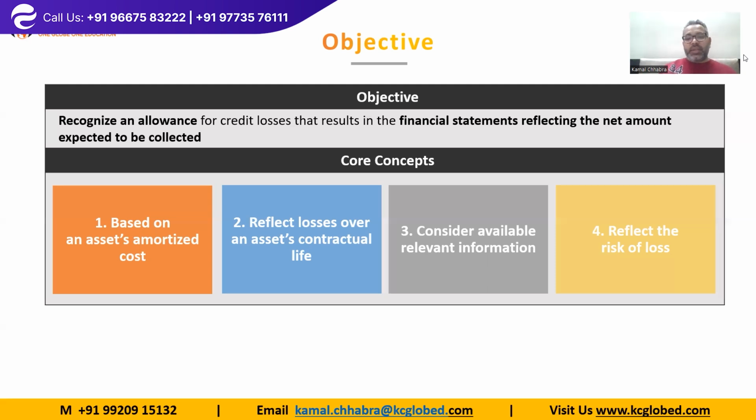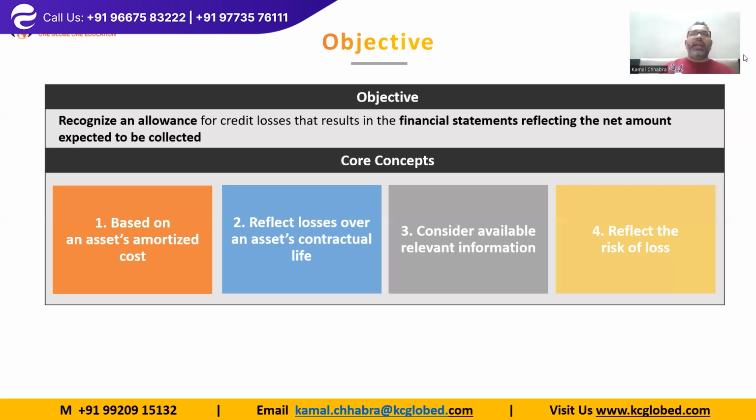Third is consider available relevant information. Whenever you are expecting any credit loss, at that point of time, what is the best information available to you as management? It is your responsibility to consider all those relevant information.